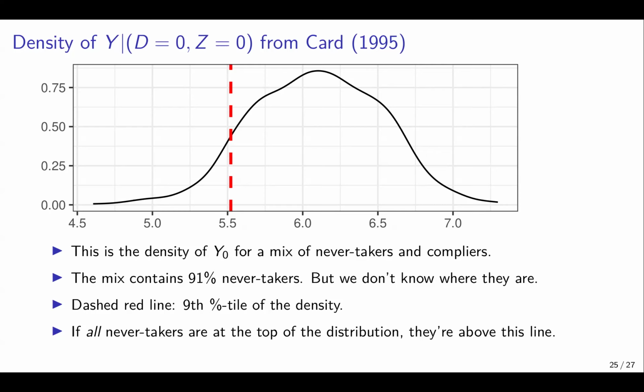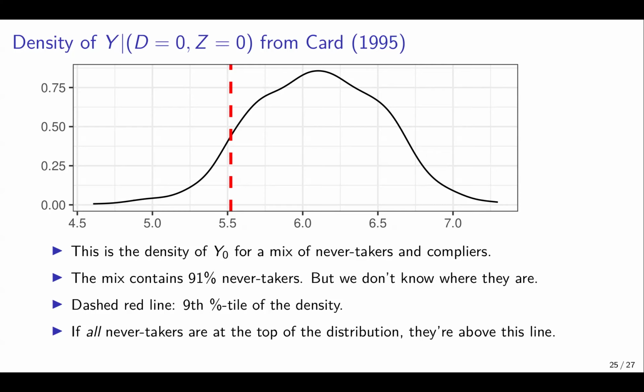Never takers. Those never takers are people who would not go to college regardless of whether they lived near or far. And compliers. Compliers are the people who would go to college if they lived near. But here we're looking at Z as 0, so they don't live near, so they don't go. So again, we've got a mixture of Y0 for never takers and compliers.